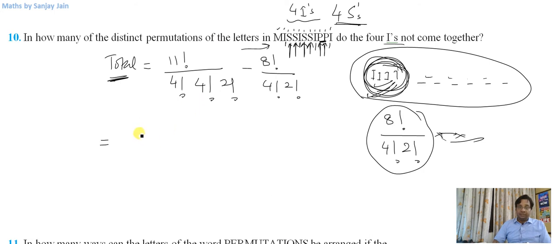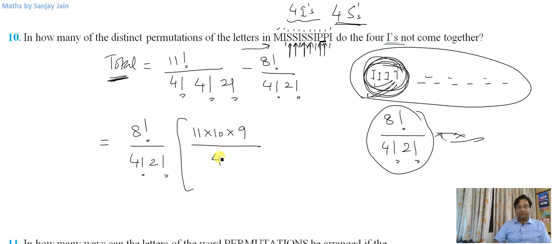Now I'll leave the calculation to you, but let me simplify it a little bit. 4 factorial, 2 factorial I can take as common. Here I'll have 11 into 10 into 9 divided by 4 factorial minus 1, right? And 4 factorial can be written as 4 into 3 into 2 into 1.